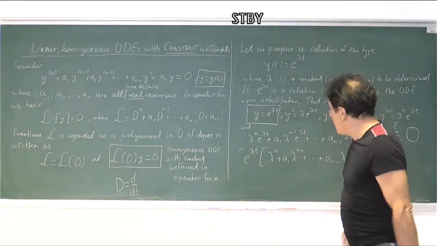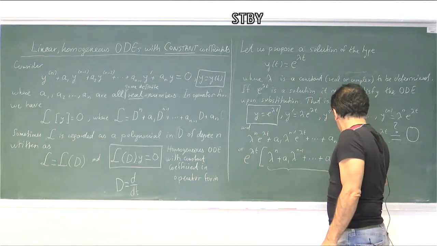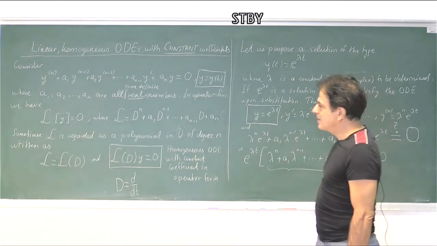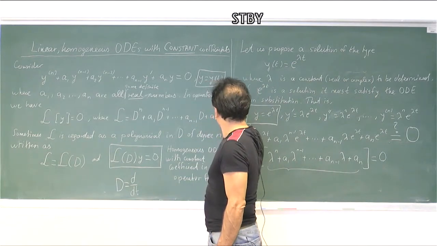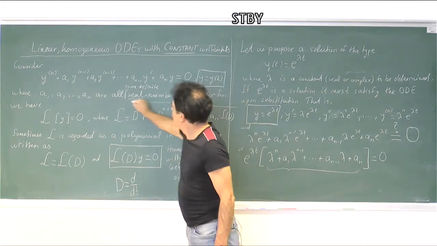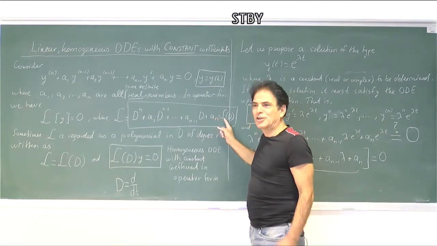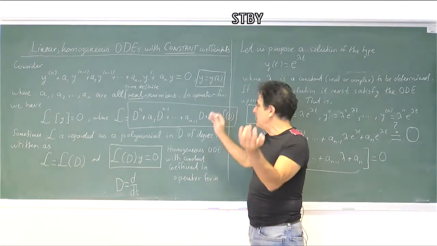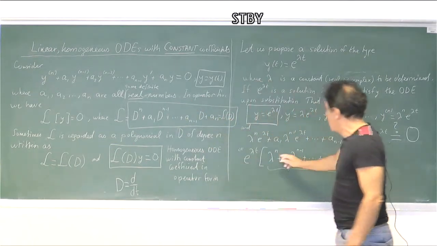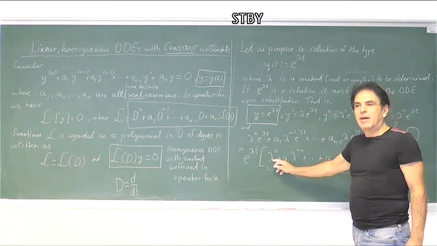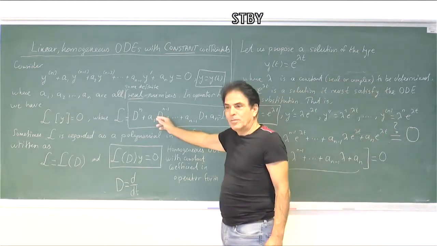Okay? Now, it is interesting to see that the term in braces is nothing but our differential operator. Look at the differential operator, which is regarded as a function of the operator D, formally as a function of operator D. Look, and replace operator D by the number lambda. Okay? We get our differential operator.